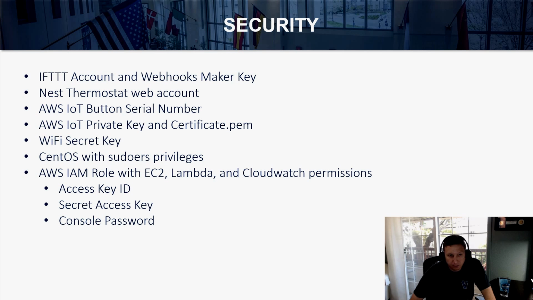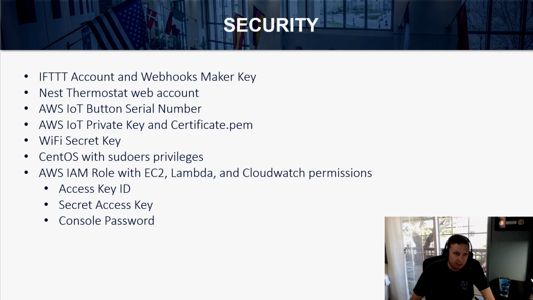It's a unique serial number, but you never want to share that private key. That private key that we create in this project, you never want to share that with anyone and reveal it. Once you reveal the private key, or that maker key that we created earlier, or the secret access key, which we'll talk about, once those are revealed, you have to assume that everyone can see them and you're now compromised. So you never want to share any of those things.